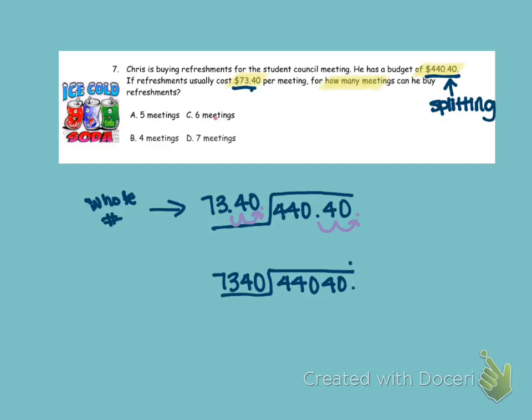We do keep our decimal and still bring it straight up into our quotient. So now this just becomes a division problem, coming over to the side and figuring out how many times 7,340 divides into 44,040 to give us total amount of meetings.